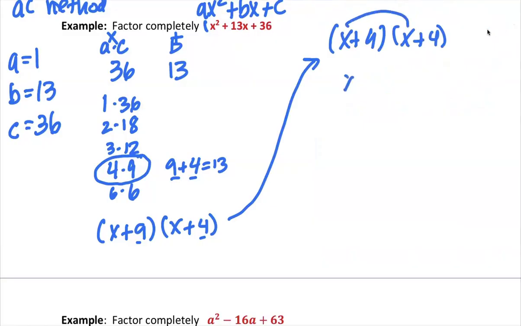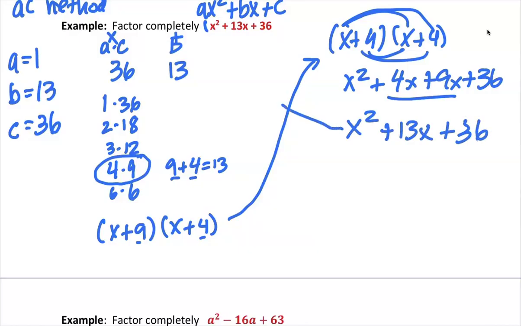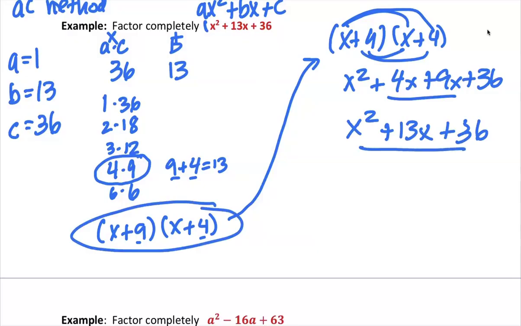That would be x squared plus 4x plus 9x plus 9 times 4 is 36. Middle 2 terms are like terms. 9 and 4 is 13, plus 36. That's what we were working with. So we know that this is the factored form of this expression. And that's what we're doing. We're factoring. We're taking an expression and writing it in factored form, what it would have looked like before it got multiplied.